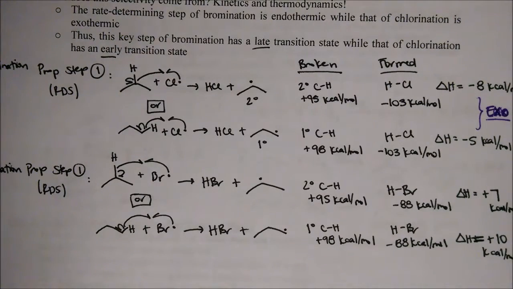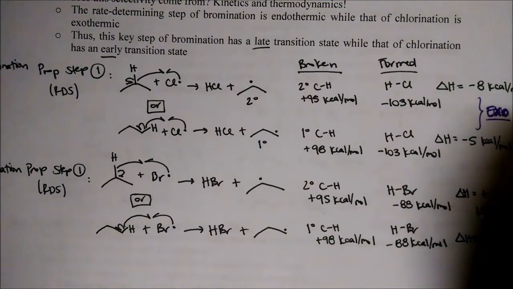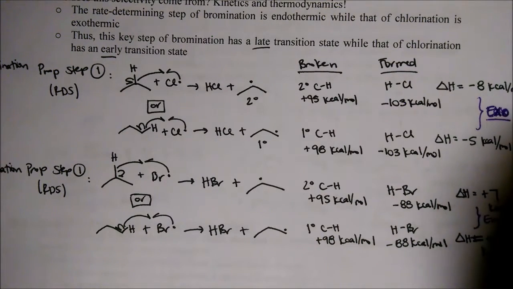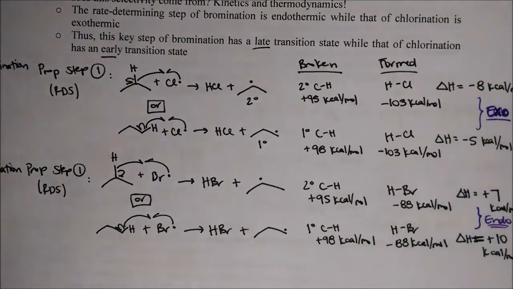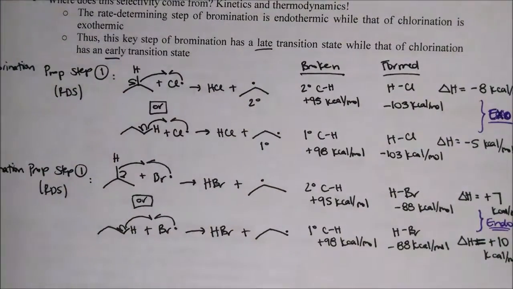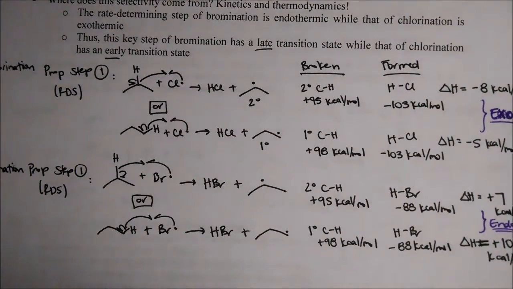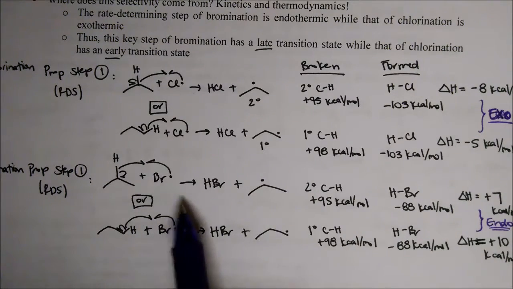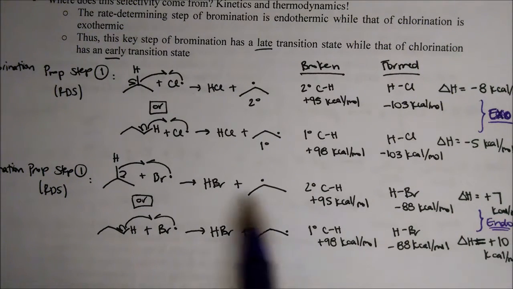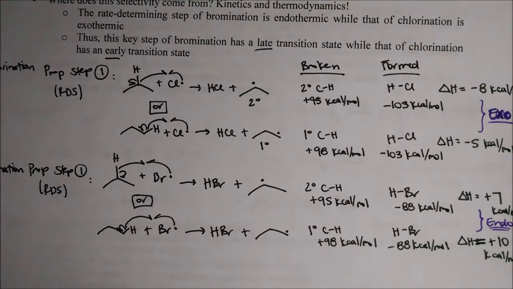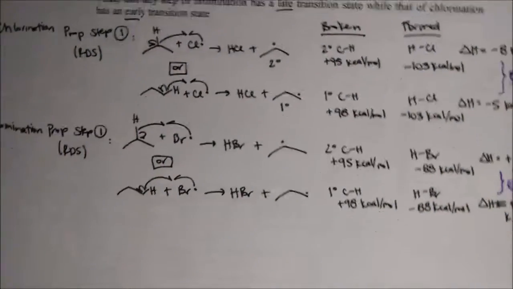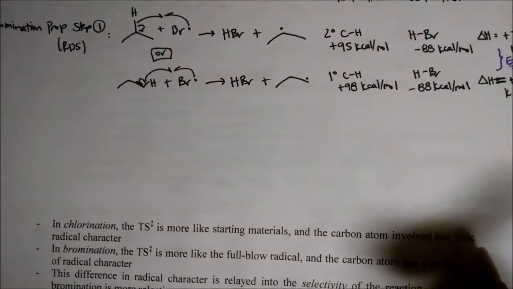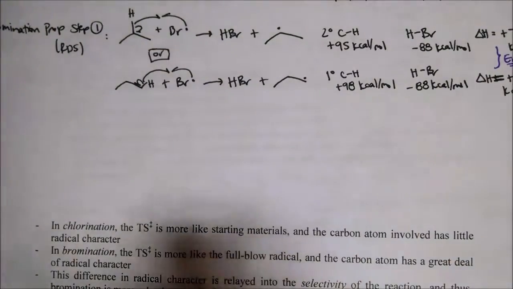So importantly, they are endothermic, which means when we draw their reaction energy diagrams, they're going to be slightly different. With the chlorination, it's exothermic, and in the bromination, it's endothermic. I just went through and calculated that and showed you that that was true. So then all we have to do now is remember the Hammond postulate.